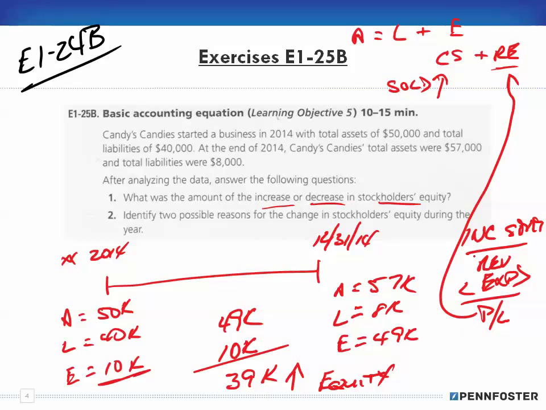So if our retained earnings increases, which obviously increases our equity, that means we had a profit on our income statement, meaning we had more in sales than we had in expenses. Well, that profit, when we close it out to the retained earnings, if retained earnings was 0 and it increased 39,000, that increases my equity. So the two possible reasons are sale of stock and an increase in retained earnings, which is an increase in our net income, our profit.